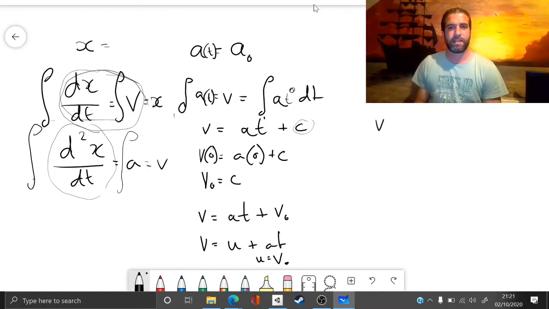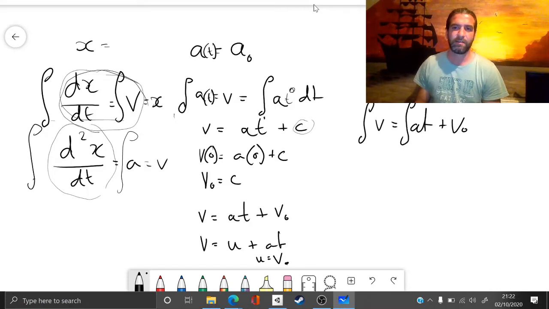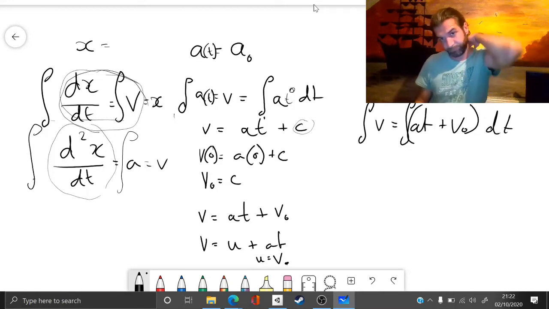Take the velocity, which we'll write like we initially did, at plus v naught, and take the integral of these with respect to time.